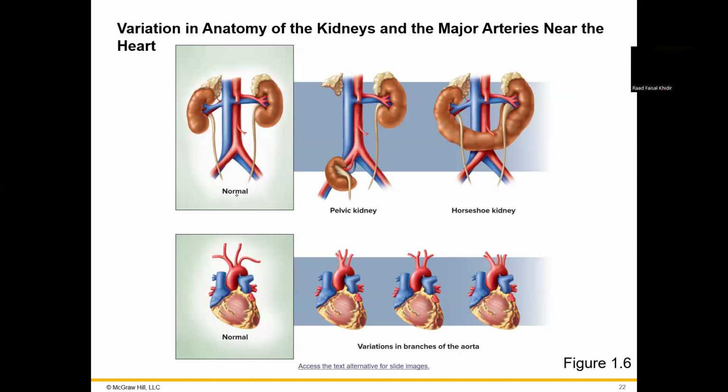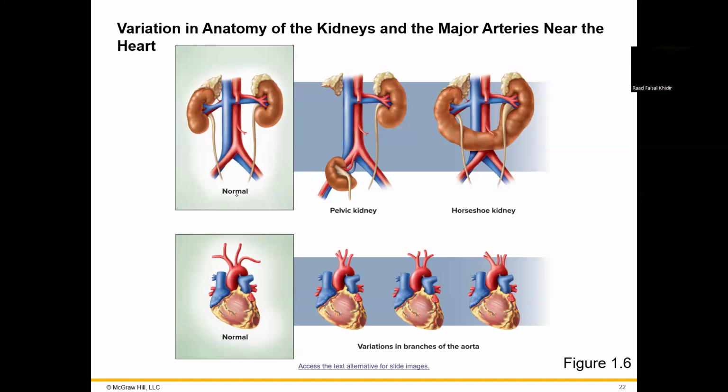So I remember one of my students, she had a bicuspid aortic valve. You see, there's only one valve with two doors. This is the mitral valve in the left heart, the left atrioventricular valve. That one has only 2 cusps.